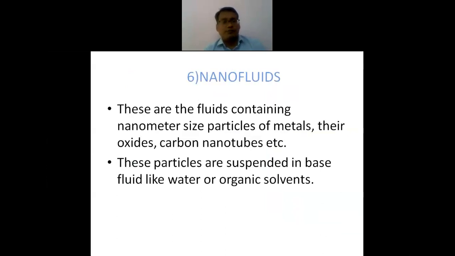Then nowadays, nanofluids are also coming into the picture. These are fluids containing nanomaterial size particles of metals or their oxides, or sometimes carbon nanotubes, but they are very costly. So effectiveness is still under the process of research; it will come in time. These particles are suspended in a base fluid like water or some organic solvents.